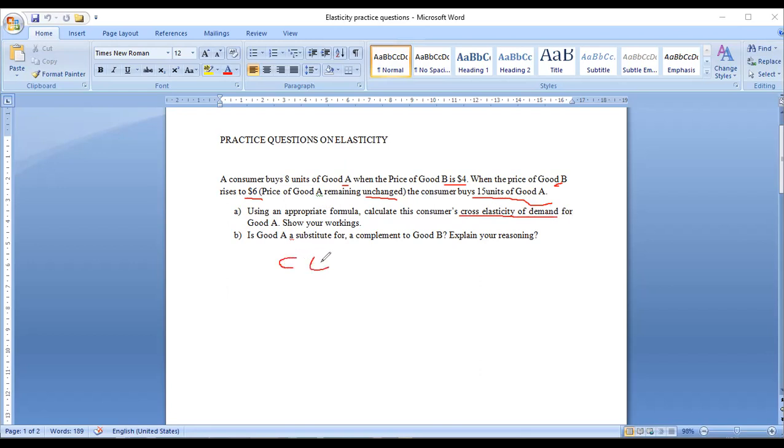Cross elasticity of demand is equal to the percentage change in the quantity demanded of a product X divided by the percentage change in the price of another product Y.